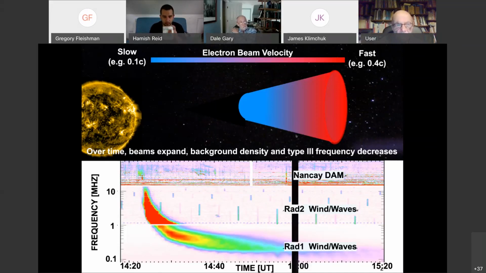So my question relates to how we reach closure, going from models where we're doing electron acceleration in the flare itself, and asking how those energetic electrons then propagate out to drive these various instabilities.